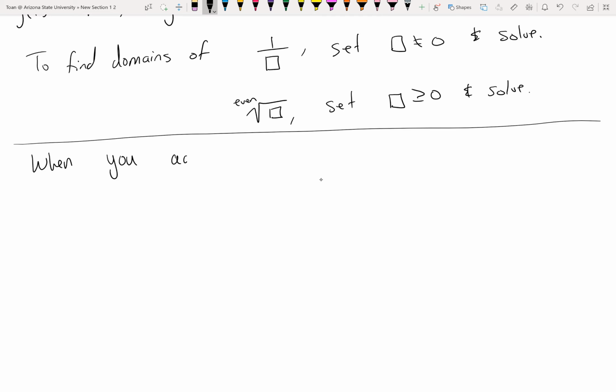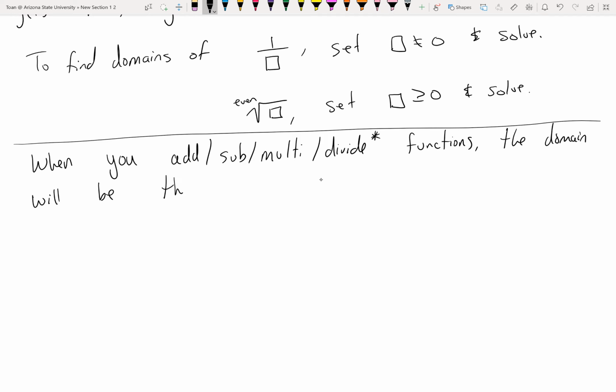When you add, subtract, multiply, or divide, and I'm going to put a little asterisk by divide because dividing has some extra little tidbits to it, but for the most part, when you add, subtract, multiply, divide functions, the domain will be the overlap of the individual domains of the functions.